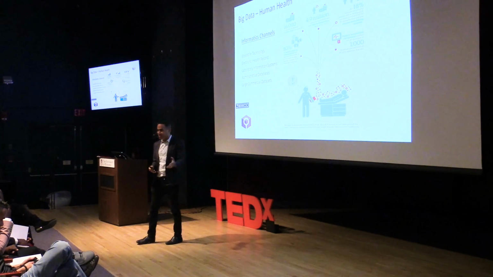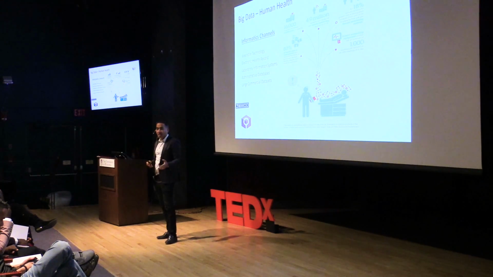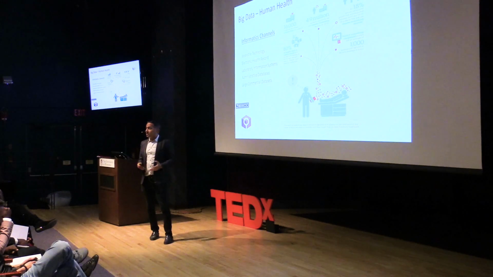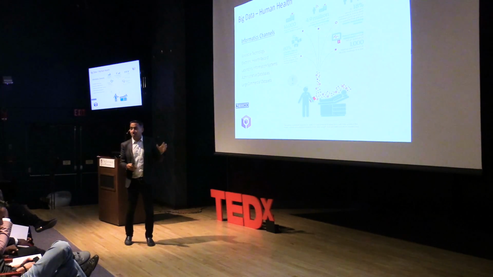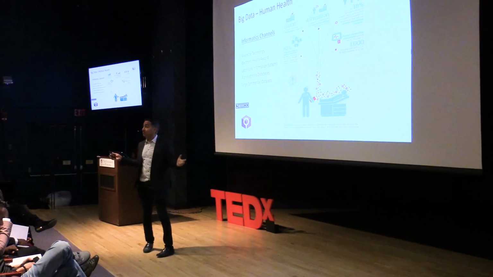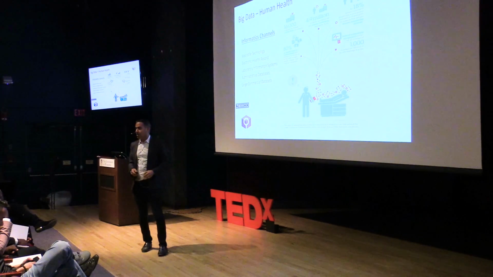Think about the data set at Shoppers Drug Mart and the Superstore, which has your shopping patterns, what you buy. Do you eat healthy? Do you eat unhealthy? When do you eat healthy? What are your over-the-counter drugs? So again, there's another example of a whole different type of big data, not the omics, not the proteomics, not the metabolomics, but the informatics. So the data that you generate in your environment as you interact with it.